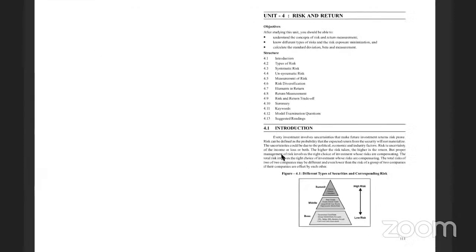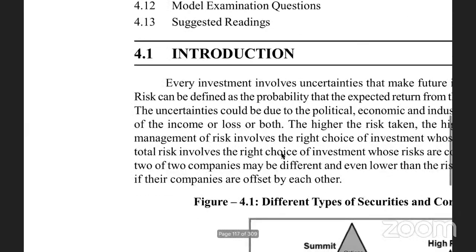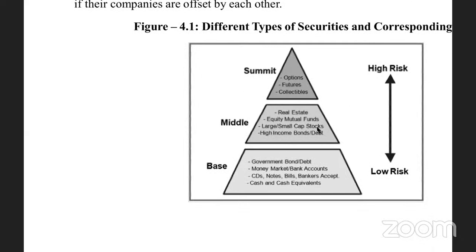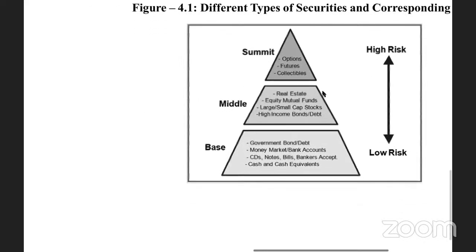Types of risk, risk and return. The types of risk we're talking about now are a bit different from the risk that we discussed earlier. If you see this diagram, you keep your money in certificates of deposit, bankers' drafts, fixed deposits, government bonds, and things like that. They are secure, very low risk.